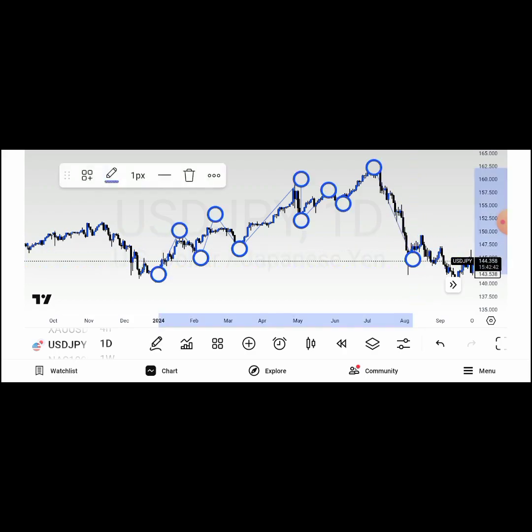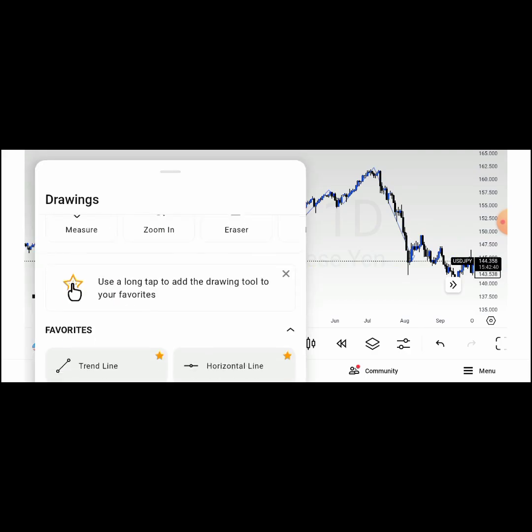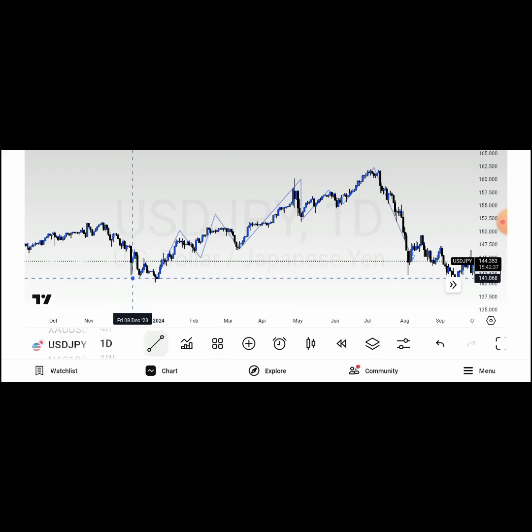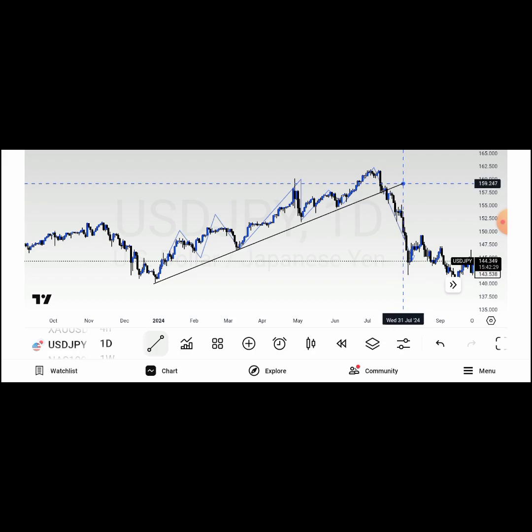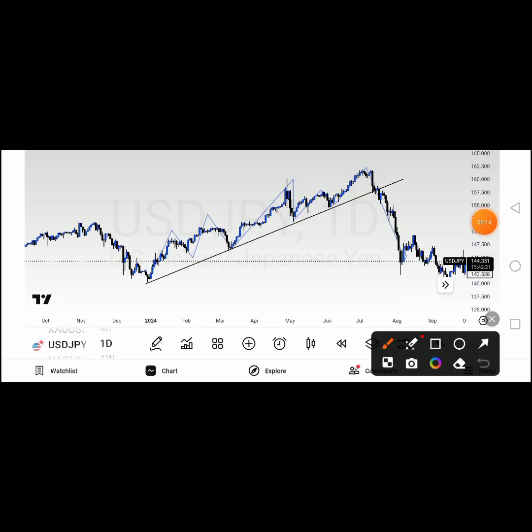So if you are to draw a trend line right now, all you have to do is take this first low, and you make sure that a trend line must touch at least two lows if you are drawing a trend line for an uptrend. Do you understand?